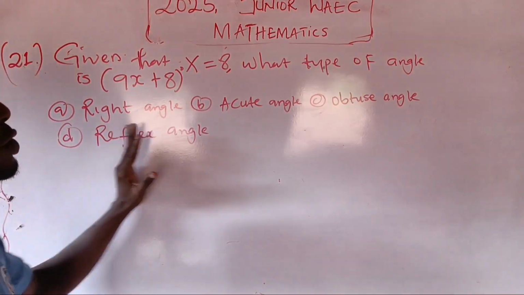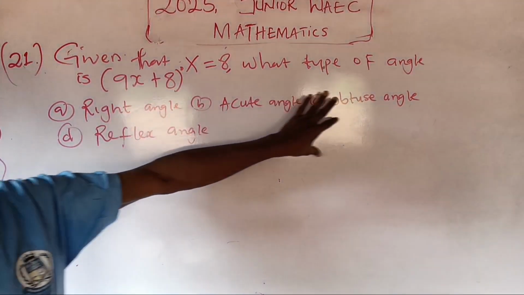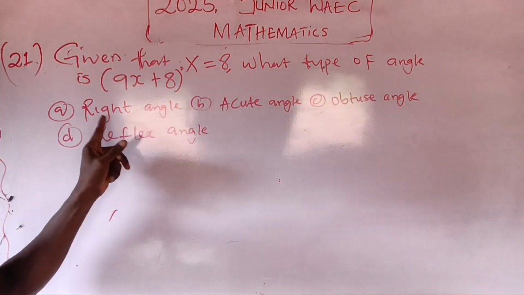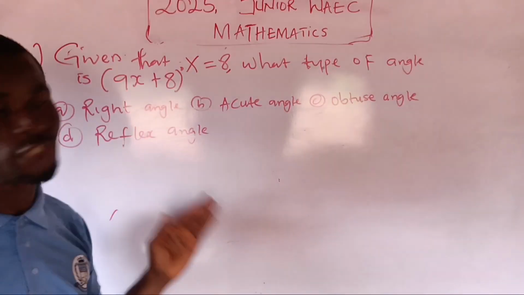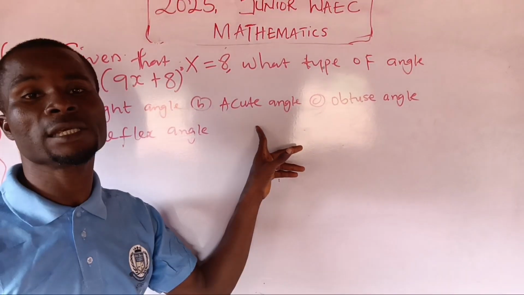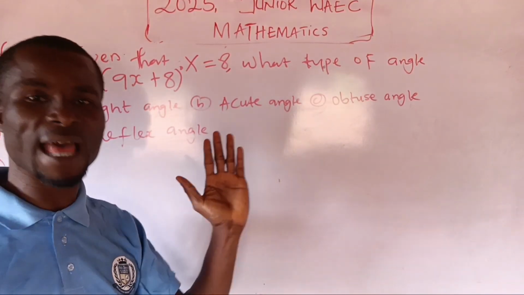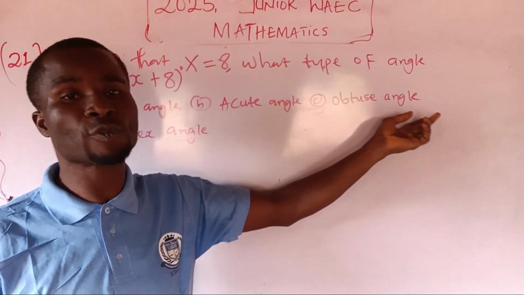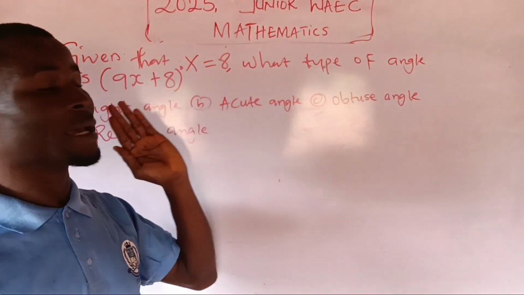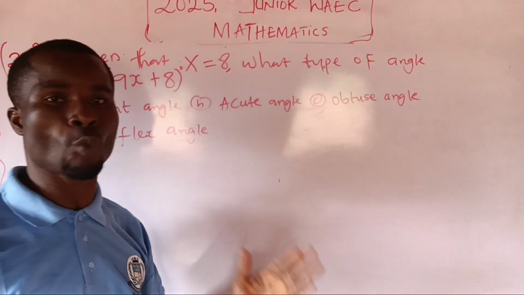So first of all, you need to know the sizes of these particular angles. The first one, which is right angle, is exactly 90 degrees. The second one is acute angle. Acute angle is less than 90 degrees. The third one, which is obtuse angle, is greater than 90 degrees but less than 180.